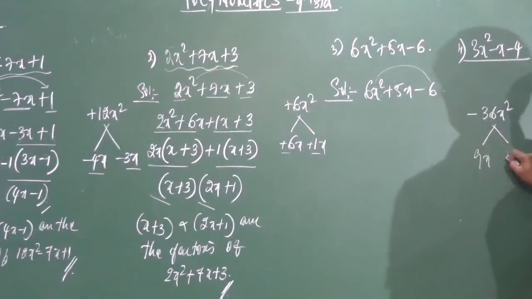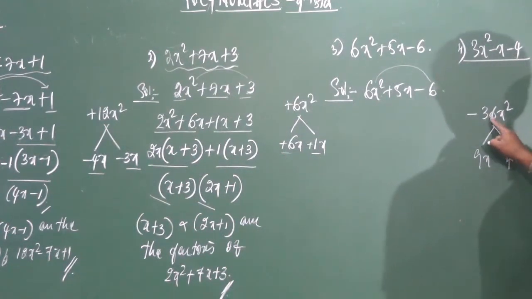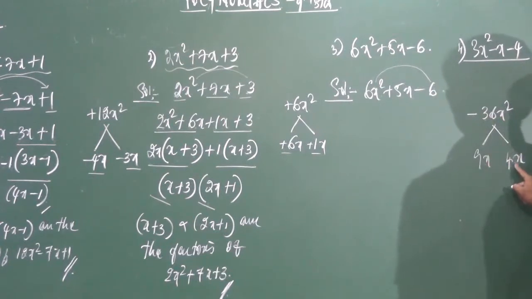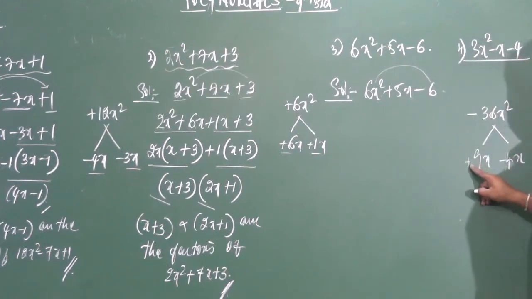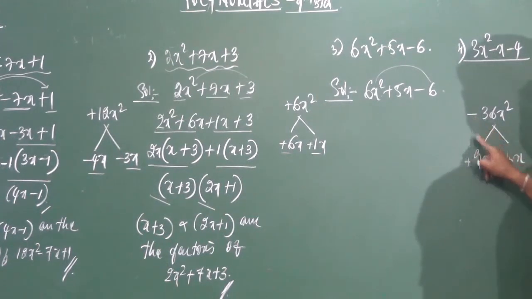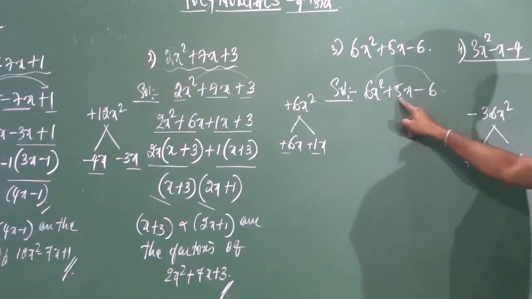So 9x, 4x we can take because 9 4s are 36 and 9x minus 4x is 5x. So plus 9x minus 4x. So plus into minus is minus, 9 4s are 36, x into x is x square. Plus 9x minus 4x is plus 5x.